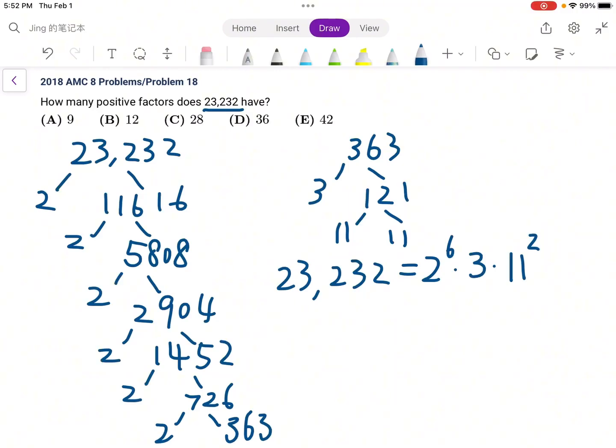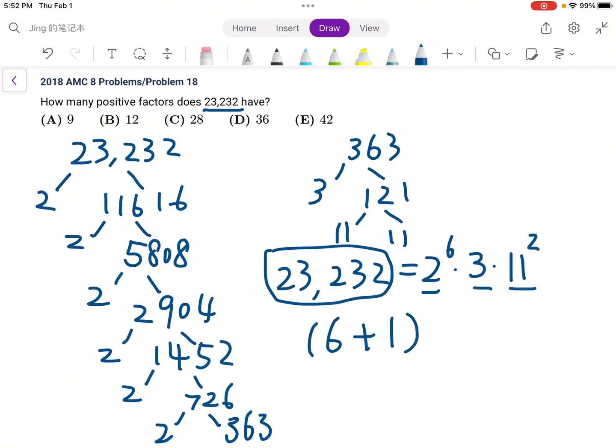Now we can choose any of these numbers and combine them to get a factor of this number. So how many choices are there? For 2 to the power of 6, we have 6 choices of 2 we can choose from. And then number 1 is also a choice, which means we don't choose any of the 2s.